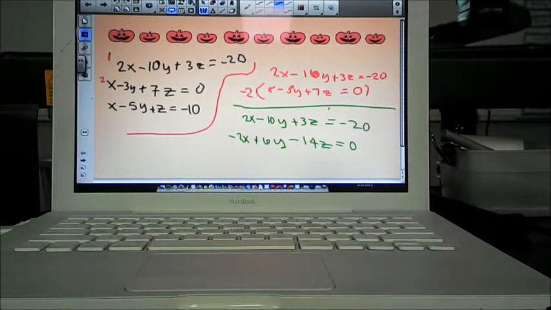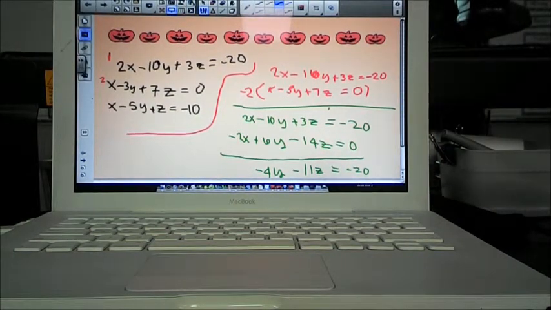And what this will give you is negative 4y minus 11z equals negative 20. So now our x is gone.